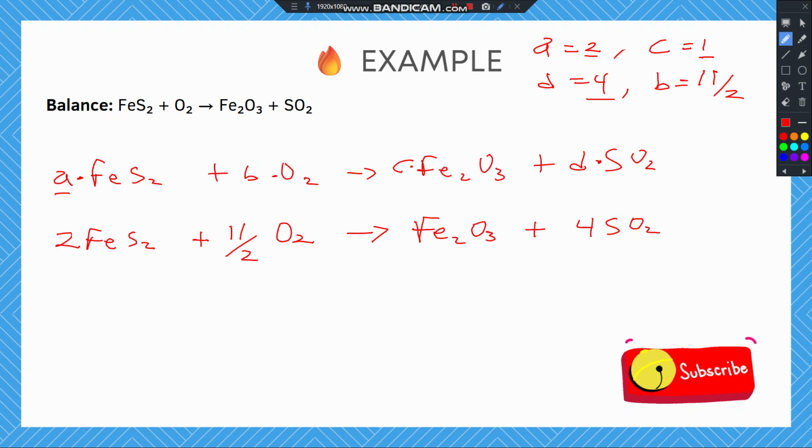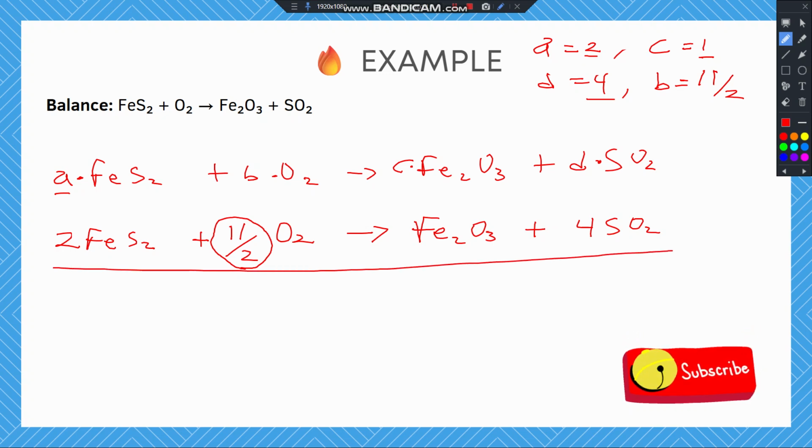So now we have this equation, but in balancing chemical equations, we do not leave our final answer containing fractions. We want to take away these fractions. So what do we do? To take away this fraction, we simply multiply everything here by 2, so that this number 2 that stands below 11 can be taken out.